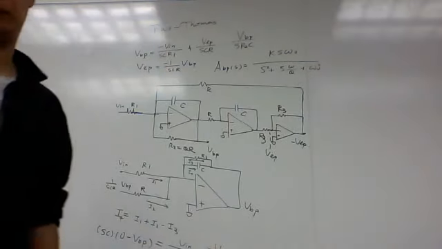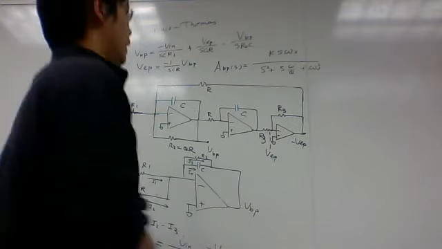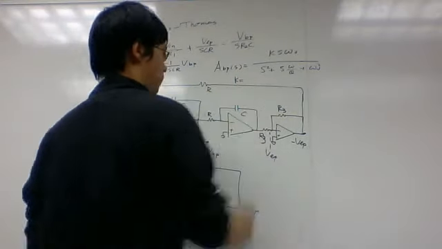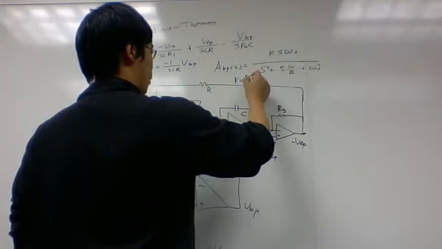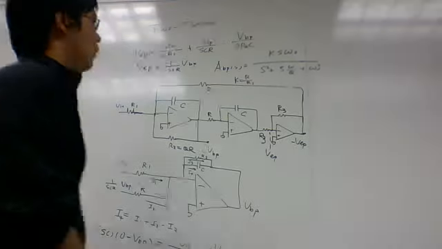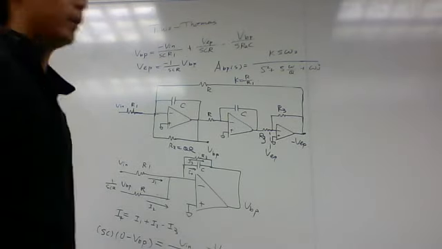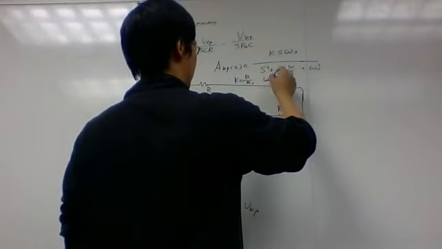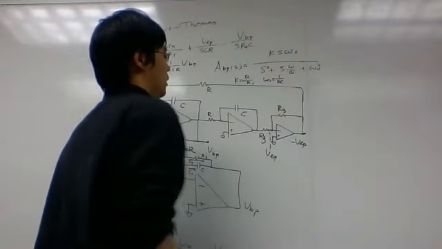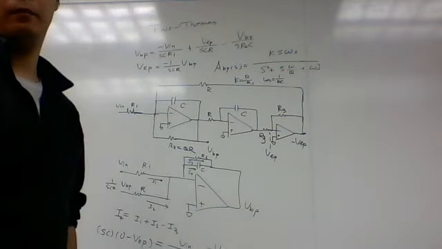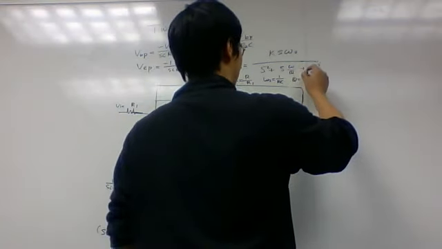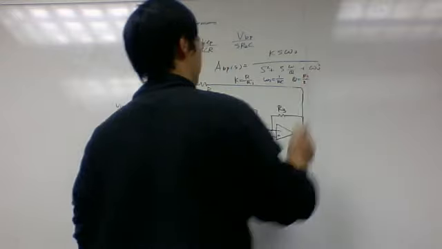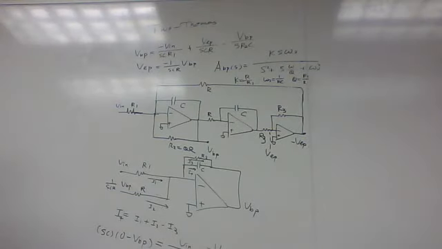So K is R over R1. Okay. And omega 0 is 1 over RC. And Q is R2 over R. Okay.